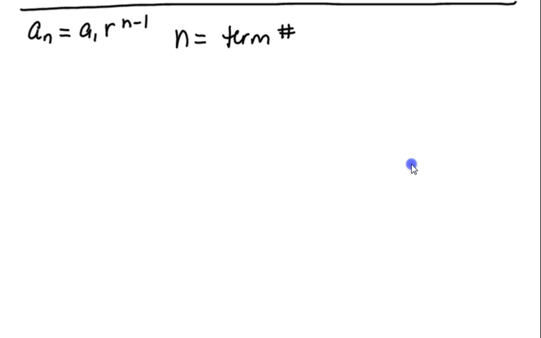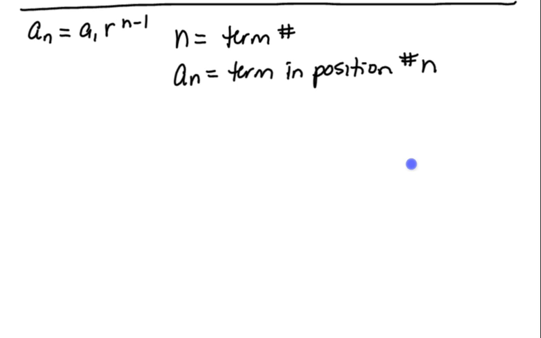It's the position in the sequence. A sub n is the term in position n. So it's an actual term of the sequence. So if I say A sub 100 equals 5, that means if I go to the 100th spot in the sequence, the number in the sequence is 5, but the term number is 100.